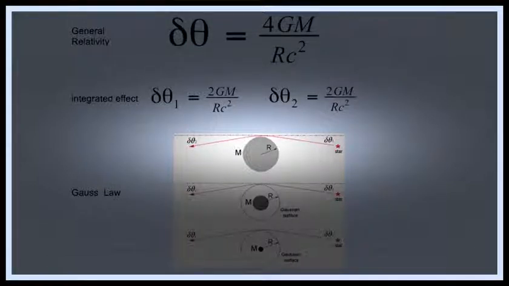You take the general relativity equation, which is the light bending, 4GM divided by rc squared. That is the bending predicted by general relativity in units of radians. You can convert that to arcseconds: 2 pi radians is 360 degrees, and 1 degree is 3,600 arcseconds. You work out the mathematics, and that first equation should get you 1.75 arcseconds.